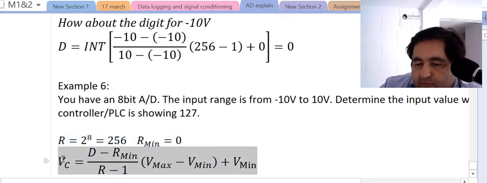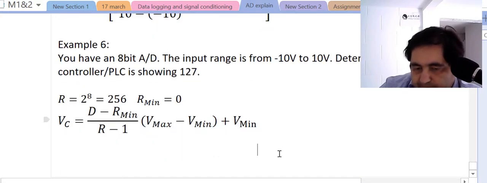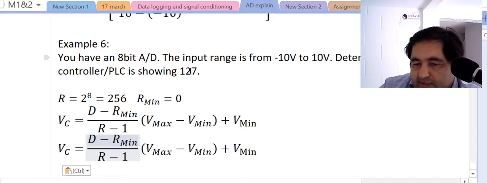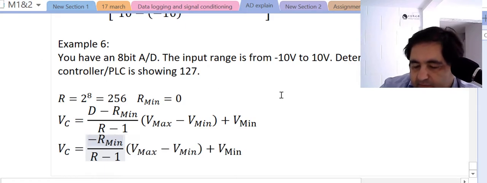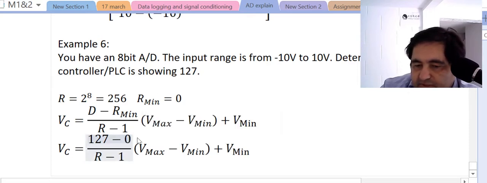Let's keep this formula so that you can go back to this note. Well, how much is D in this question? As we can see, D is 127. How much is R minimum? Well, in this question, R minimum is 0, because nothing is mentioned.